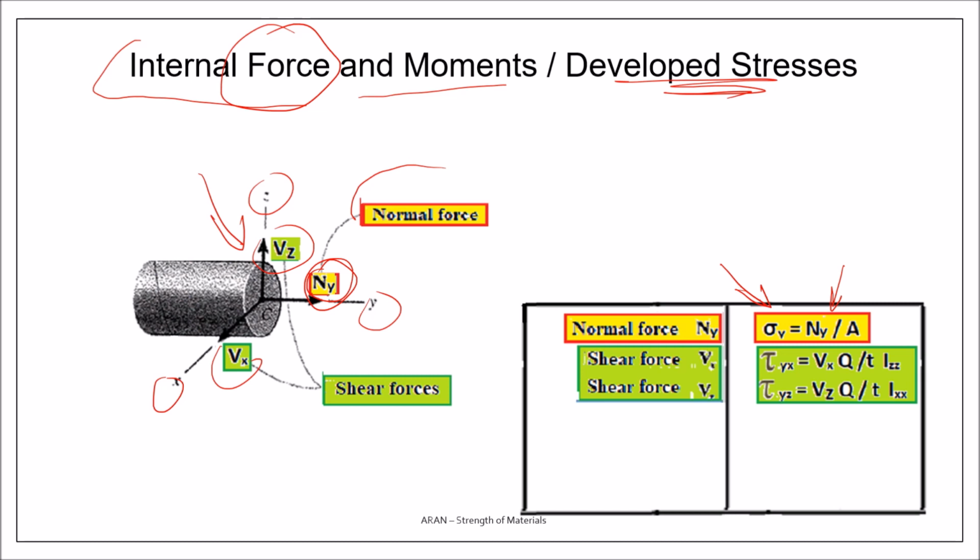Let's take the component Z. So this will cause a shear stress tau YZ. Y is the normal of this section, and Z is the direction of the shear force. Where is tau YZ? This is tau YZ.